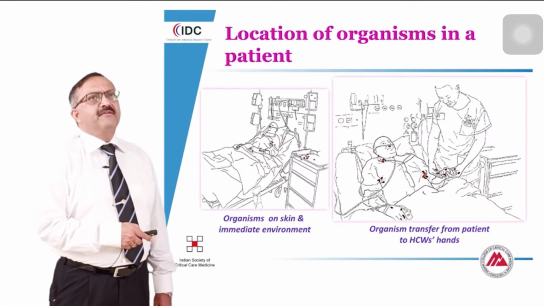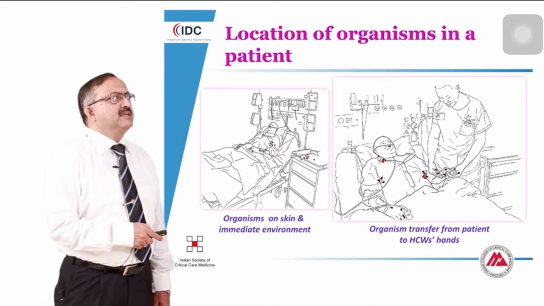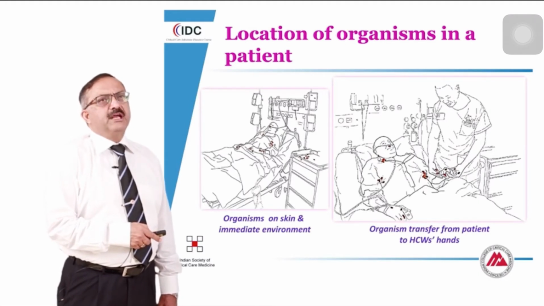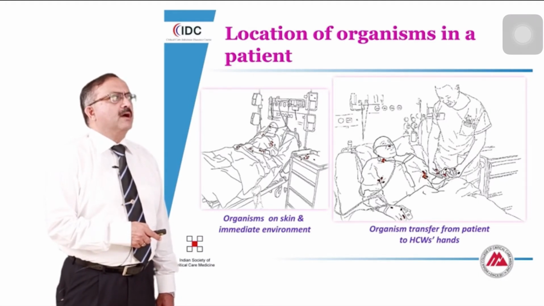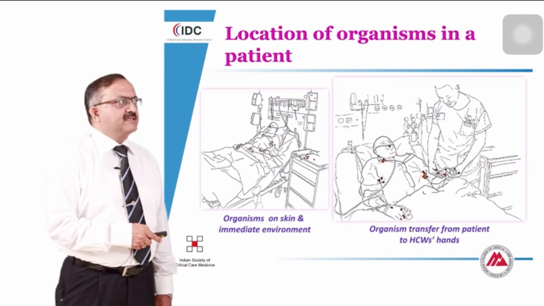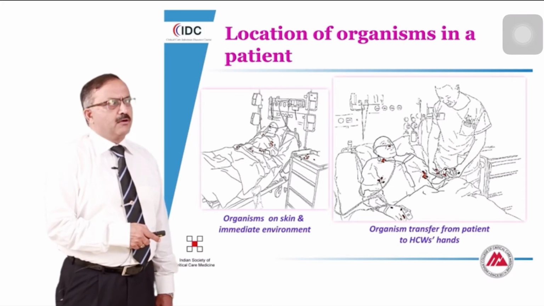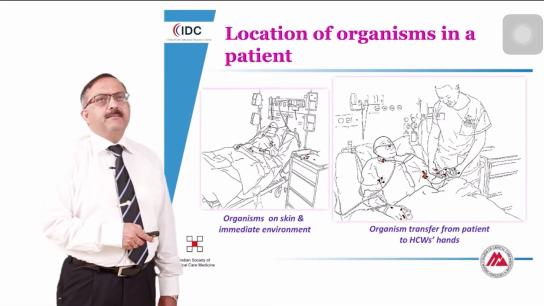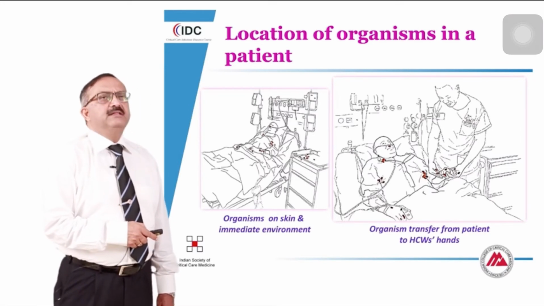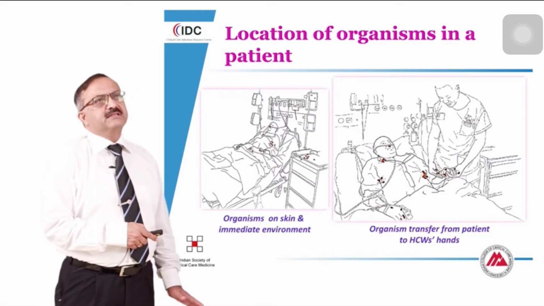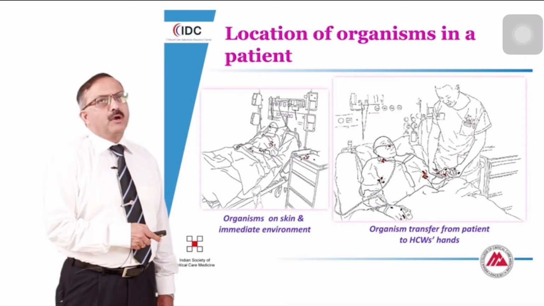These graphics show you the location of organisms in a patient. As you can see, all the clothing or the drapes around the patient's oral cavity, the face, are always in higher concentration. When you are examining the pulse, blood pressure, they are getting transferred from the patient's body onto your hands, and that's how it is transmitted.